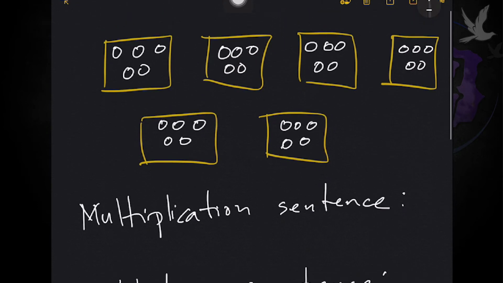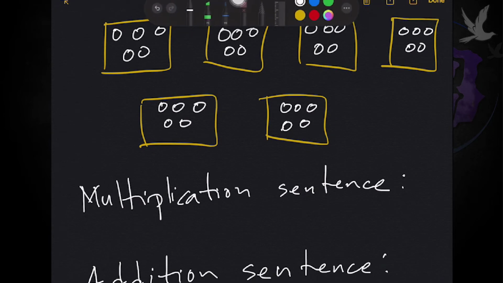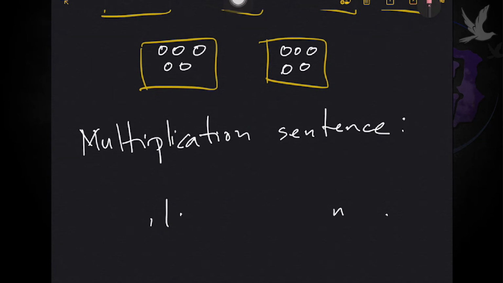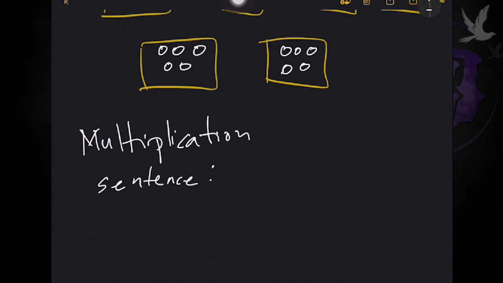Okay, so unahin muna natin ang multiplication sentence. For example, in this case, aburahin ko na lang muna itong addition sentence kasi medyo... or it's better if I'm gonna put it side by side instead. Multiplication sentence and addition sentence.